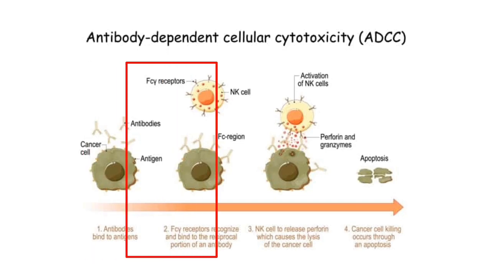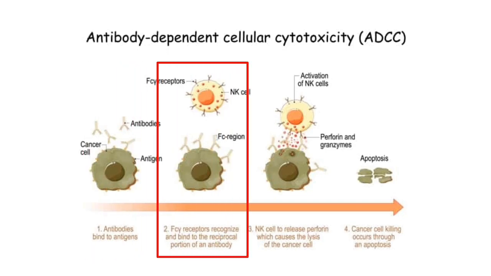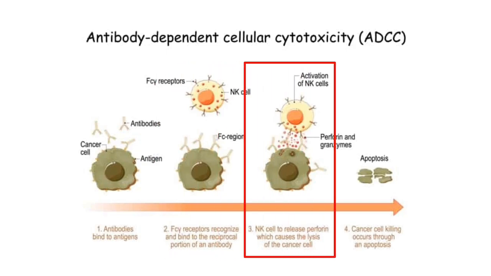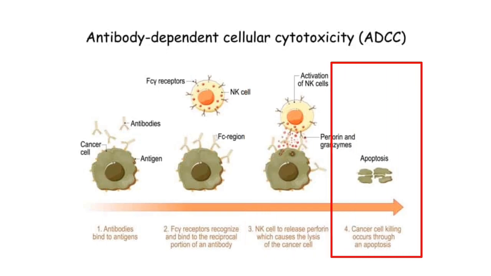The Fc region of the antibody interacts with Fc receptors on immune cells, like NK cells or macrophages. Once activated, these immune cells release cytotoxic substances or perform phagocytosis, which leads to the destruction of the target cell.